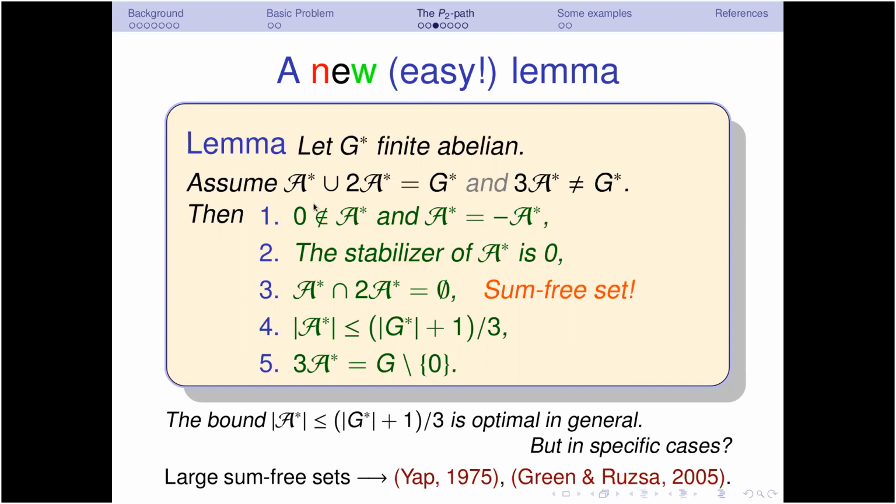What happens? The main interesting thing is the first one: 0 does not belong to A star. That's really the main thing. So it means that if you want to rule out this 3A star equal to G star, you only have to show that 0 belongs to A star, which means that you only have to show that the primes belong to a subgroup and not to a given coset.